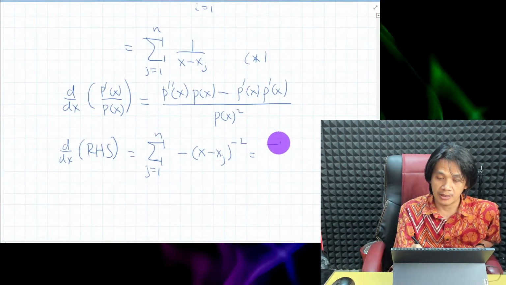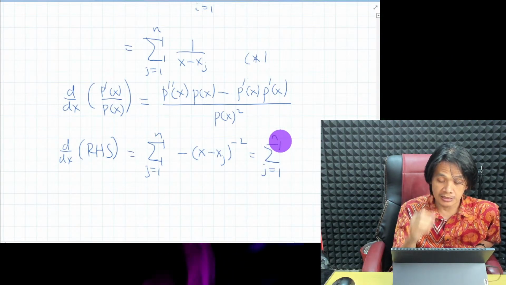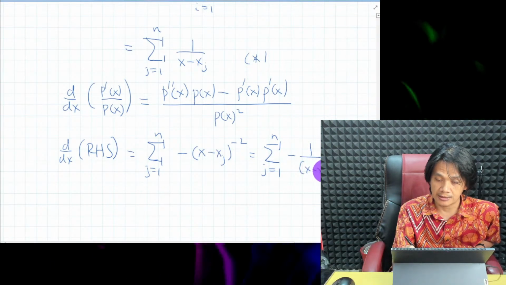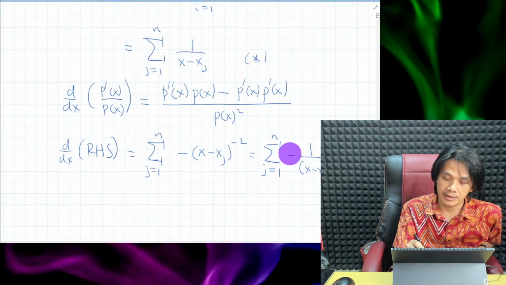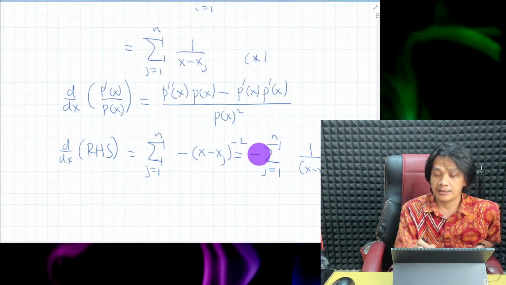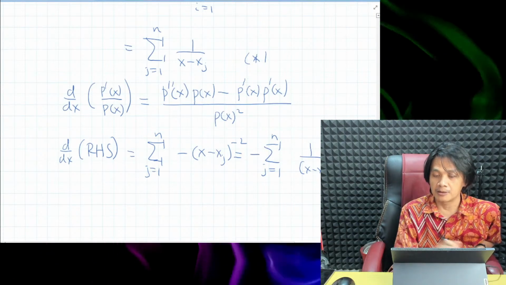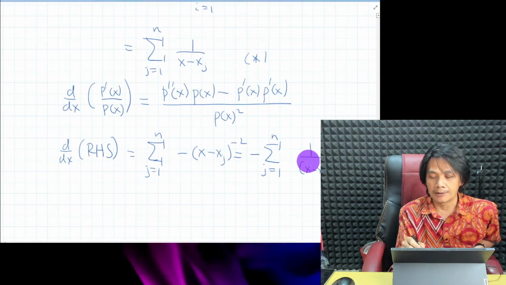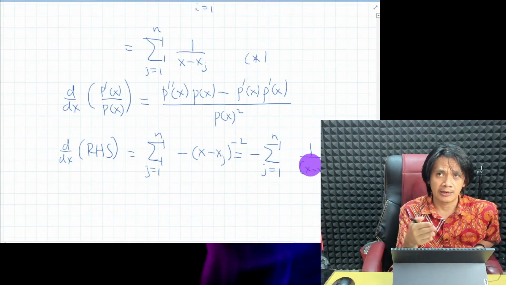Or just to make it more transparent, this is negative 1 over x minus xj squared. Or if you would like, we can also move the negative sign in front of the sigma to make it clear that this is a non-positive number, right? Because this is a square and we add, so remember that the square is never a negative number.